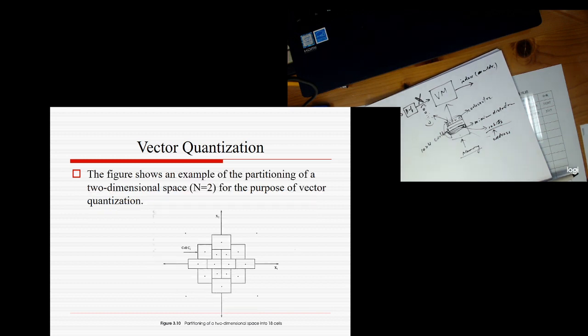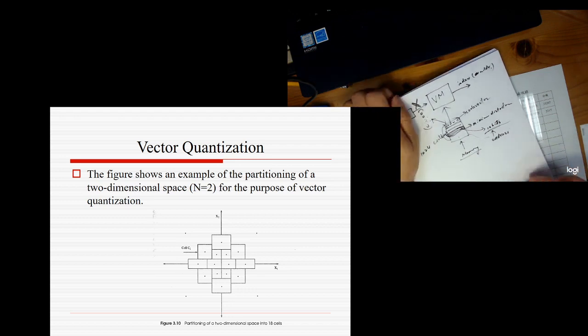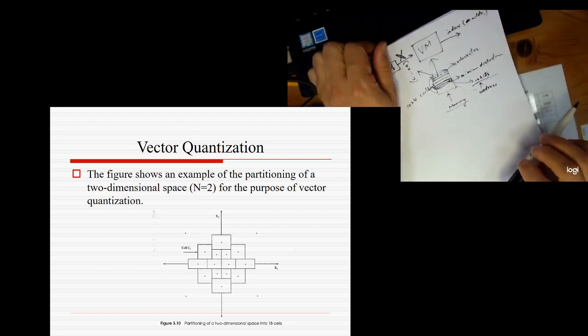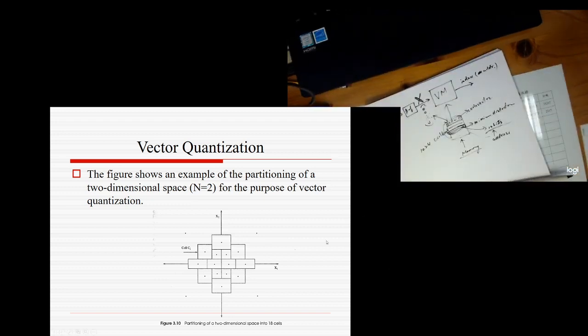So for vector quantization, the minimum number of components is 2. They give you an example here, a 2-dimension vector. You can see we try to cluster the 2-dimension space.